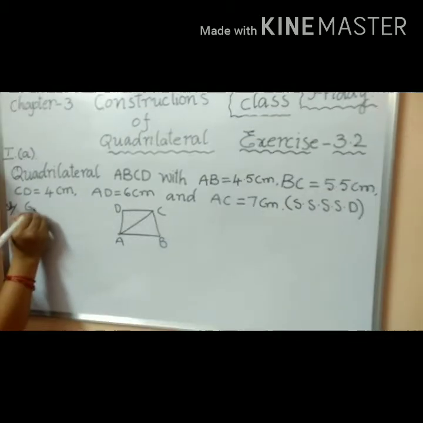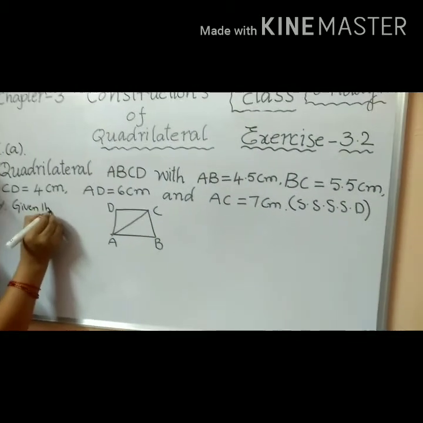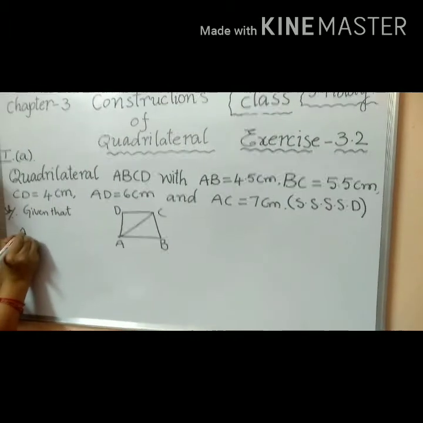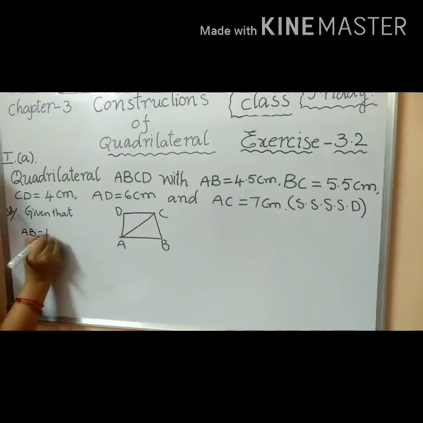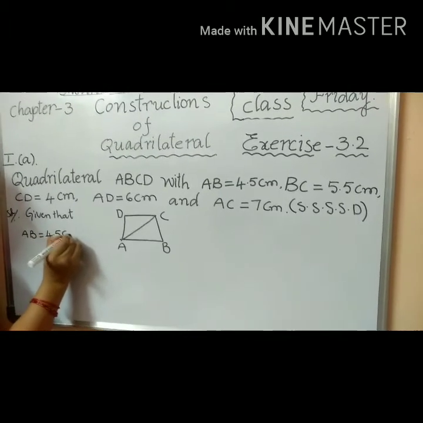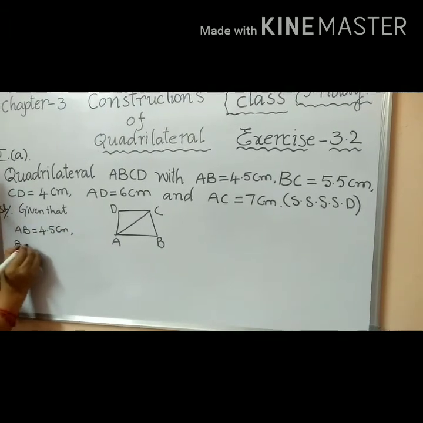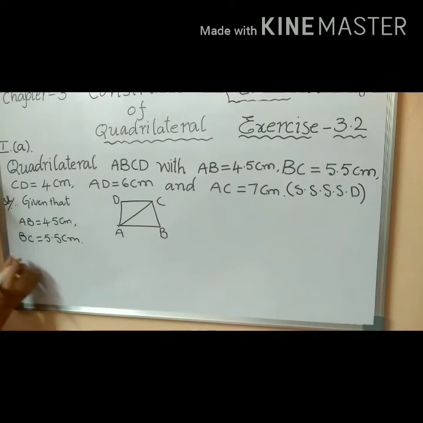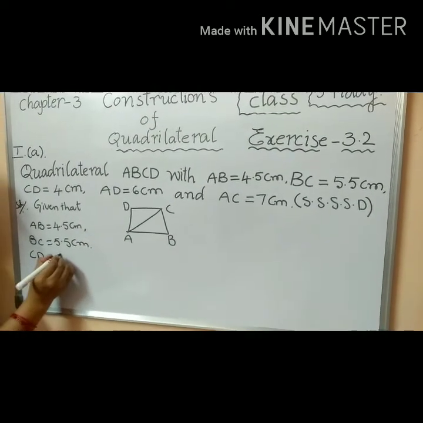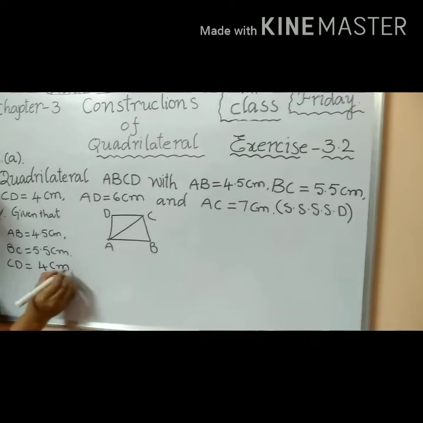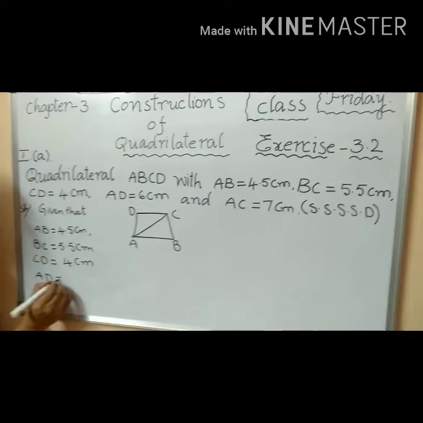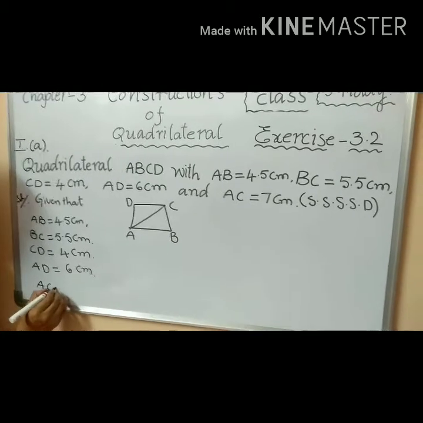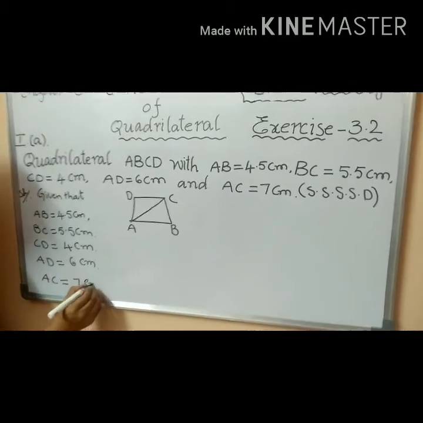Now, given that AB equal to 4.5 centimeters, BC equal to 5.5 centimeters, CD equal to 4 centimeters, AD equal to 6 centimeters, and diagonal AC equal to 7 centimeters.